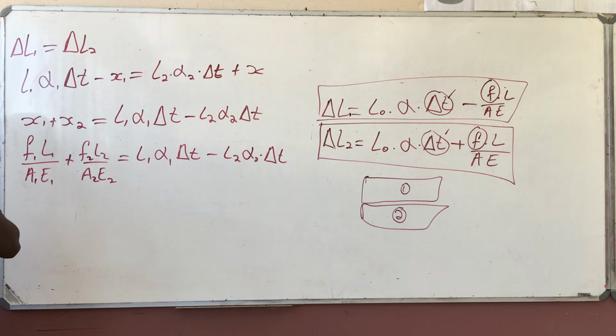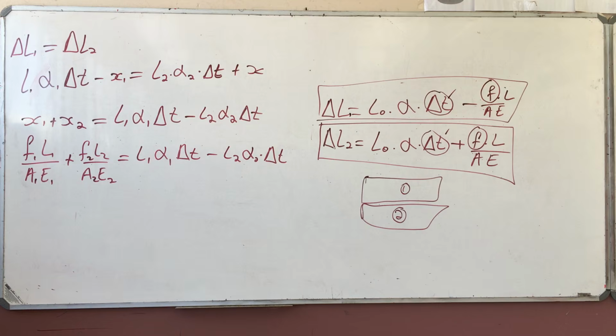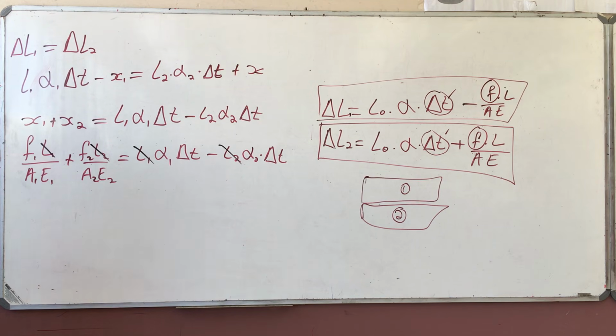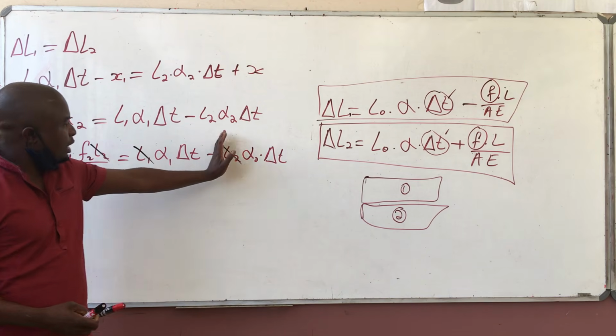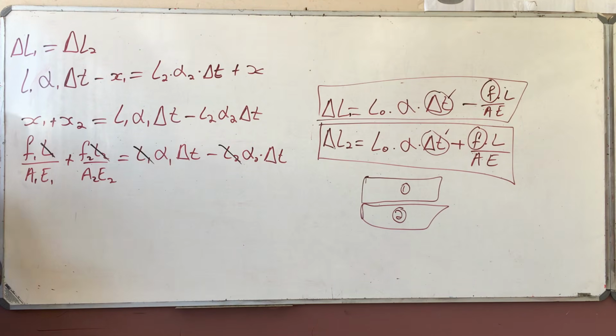That's the reason you learn mathematics, so that when you come here, you know that because the Ls are equal, they will cancel. But if it happened that here I was not having L, it means they were not going to cancel.